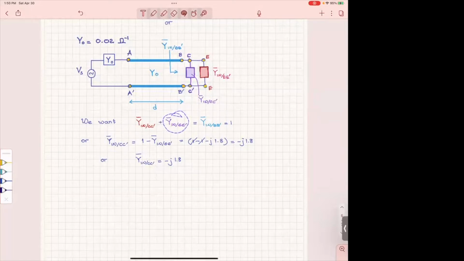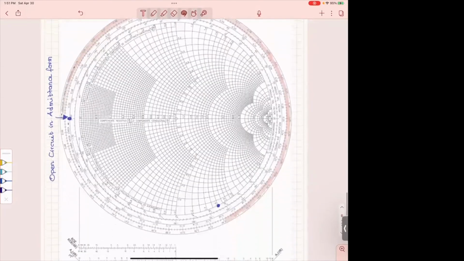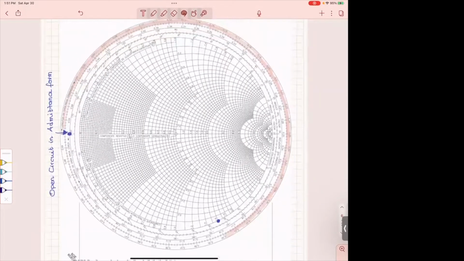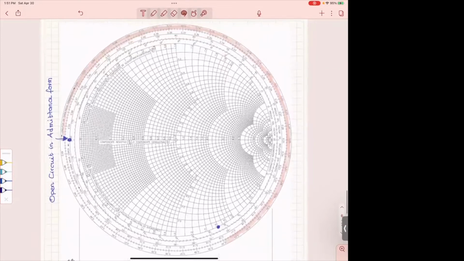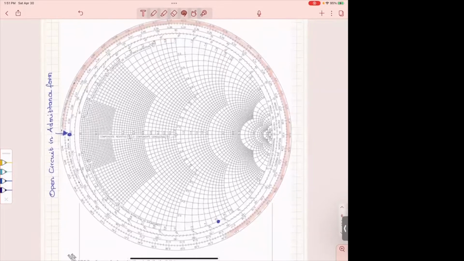Since what I have highlighted here is 1 plus j1.8, we subtract that from 1, and what it gives us is minus j1.8, which tells us that the equivalent admittance of this stub has to be equal to minus j1.8. So we found the equivalent admittance of the stub. Now, what we have to do is to find its length. And from here on, we'll find all the lengths that they're asking us. But let's start with the stub.